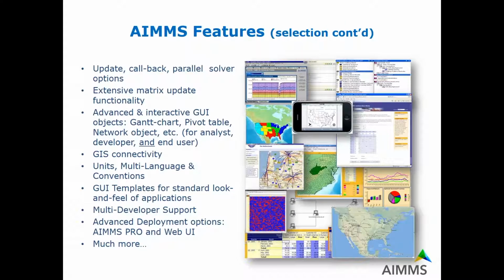Also, AIMS provides a lot of functionalities for visualizing both the input and output data, and also advanced deployment options provided by the AIMS Pro platform and the web-based user interface.